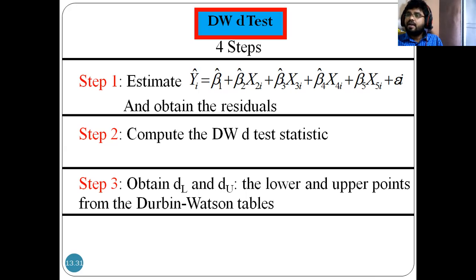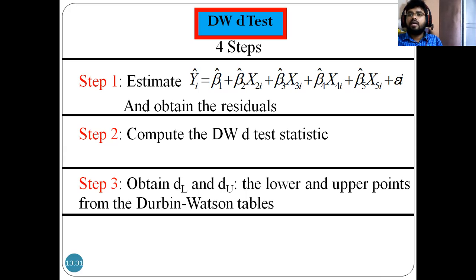They are the D statistic lower value and upper value, the lower and upper points from the Durbin-Watson tables. Just like the t distribution table and F distribution table, there is a Durbin-Watson table too, with a lower value and an upper value. We will look at that.